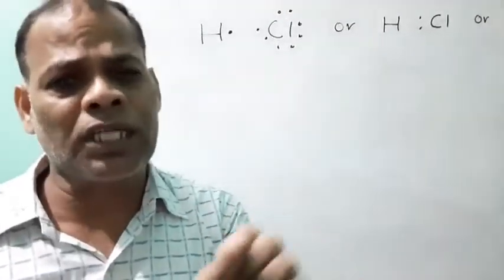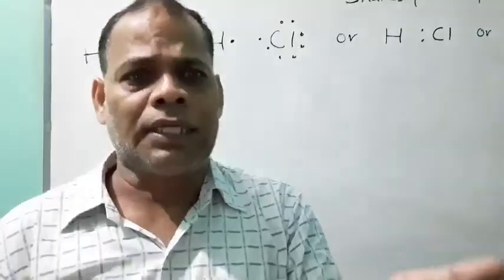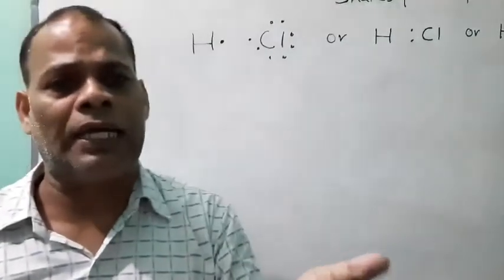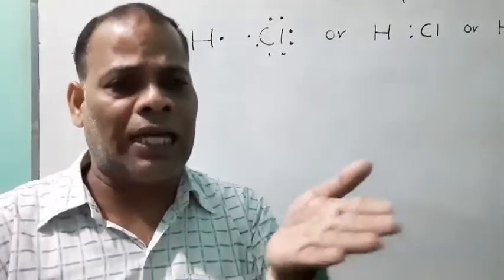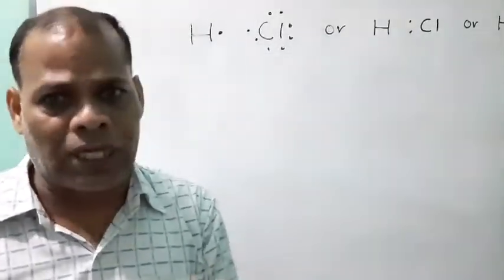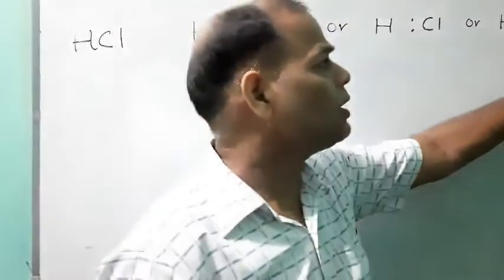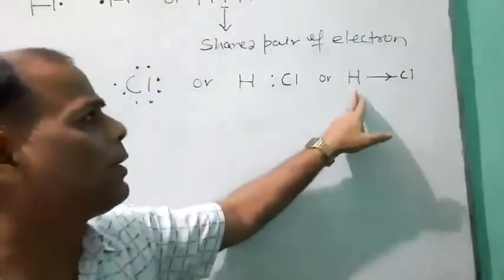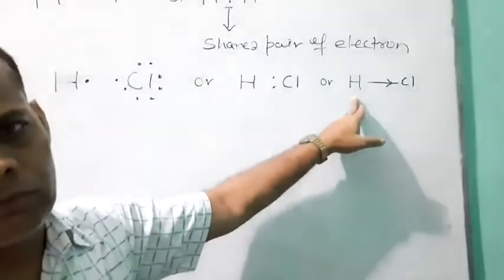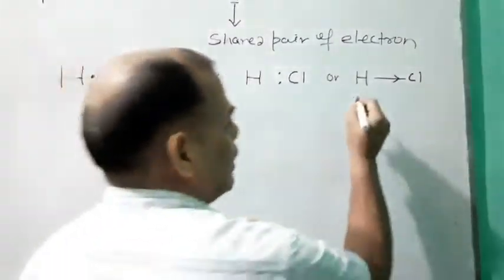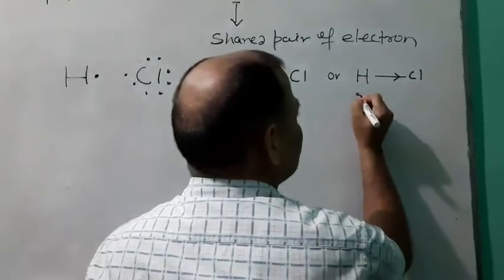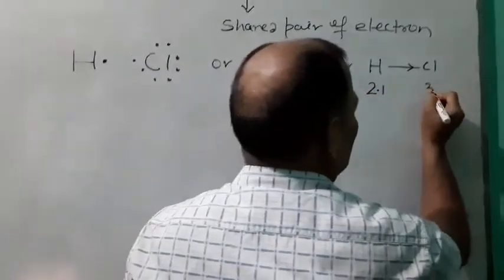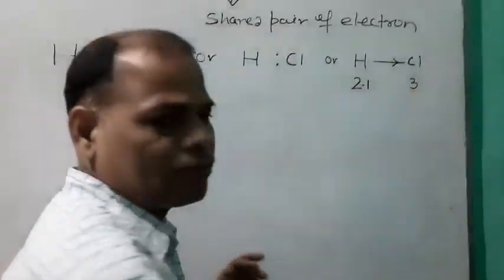What is electronegativity? The tendency of an element to attract the electron towards itself. Chlorine has more electronegativity as compared to hydrogen.